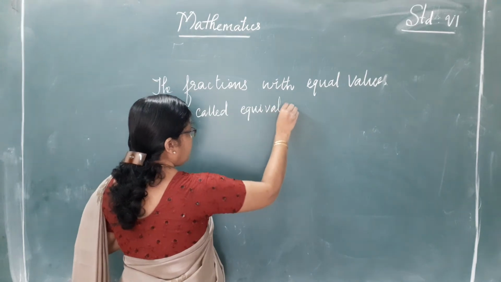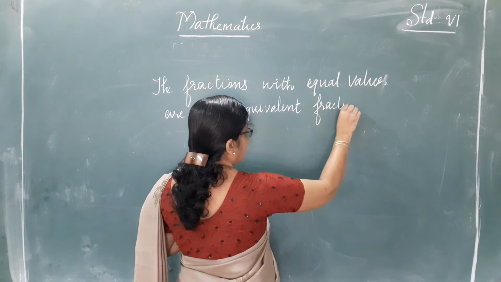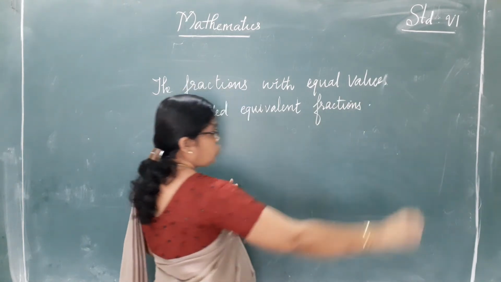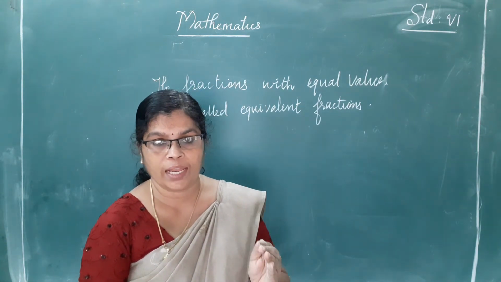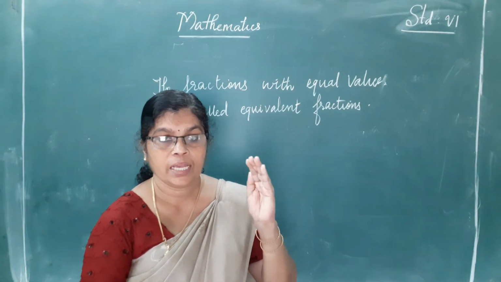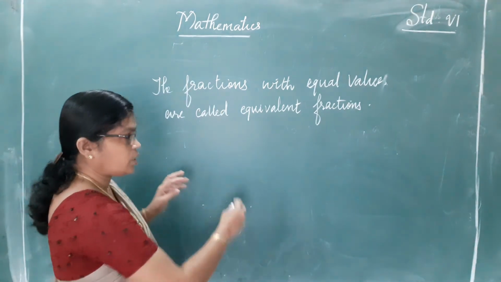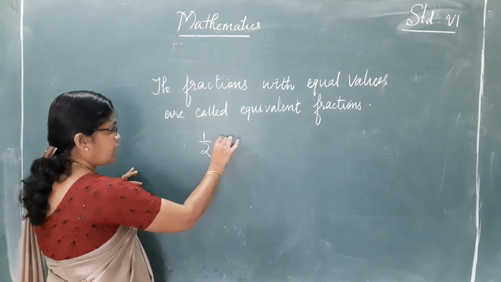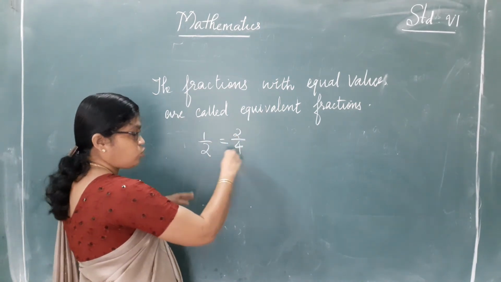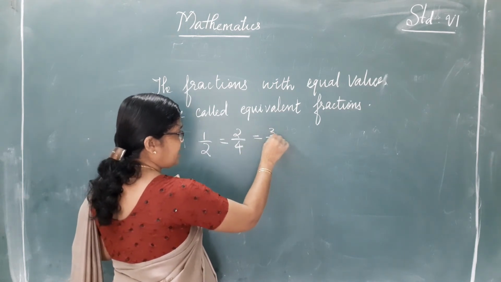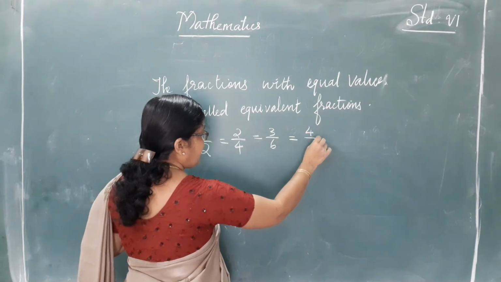Equivalent fractions. So what are equivalent fractions? The fractions with equal value. Now we know that 1 by 2 is equal, equal means same, as 2 by 4. Again that 2 by 4 is same as 3 by 6. Right? Then that is equal to 4 by 8.